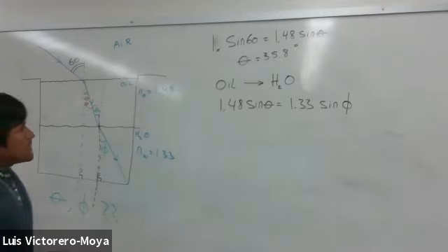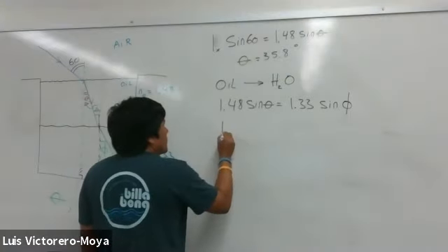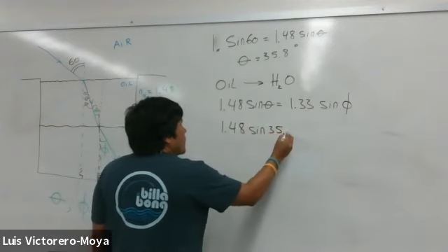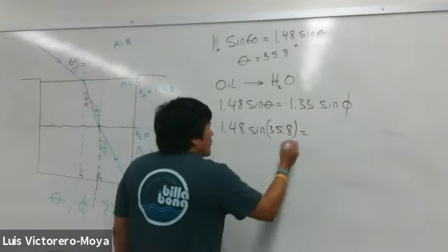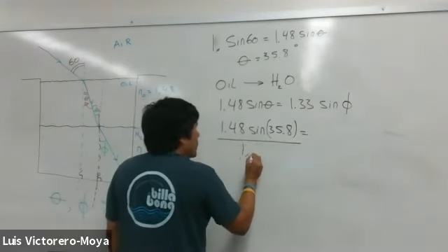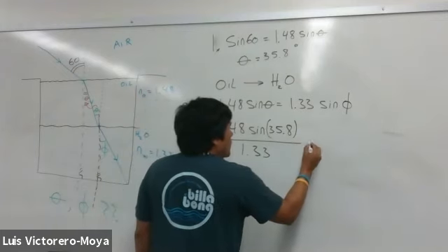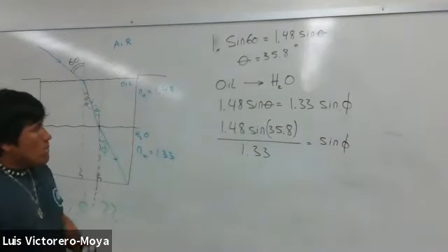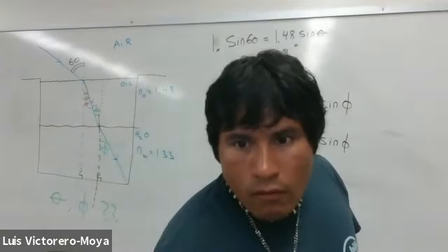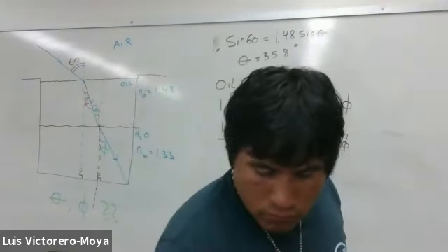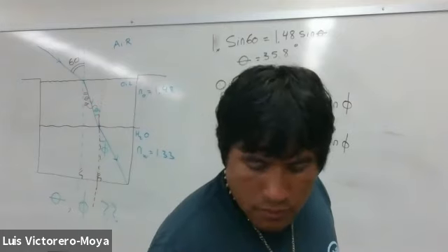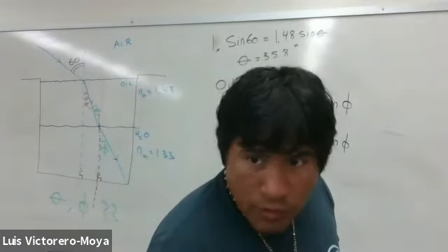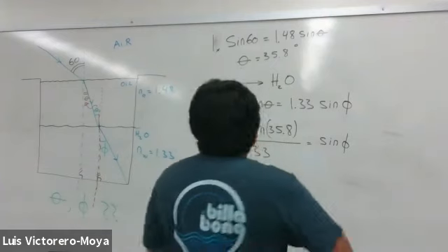So that over that, and now that divided by 1.33, 40.6, you see?